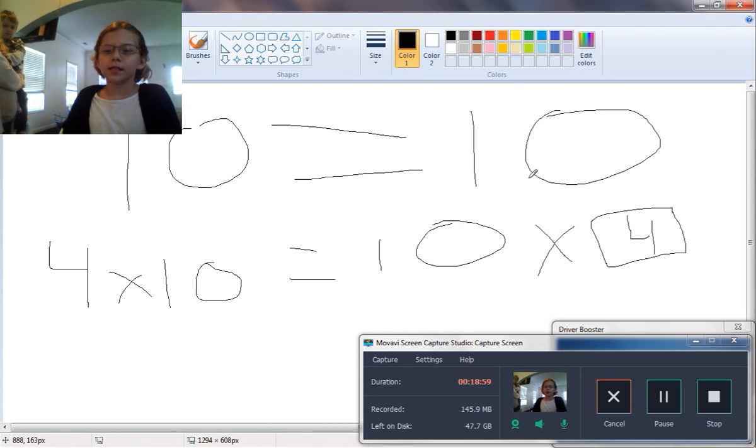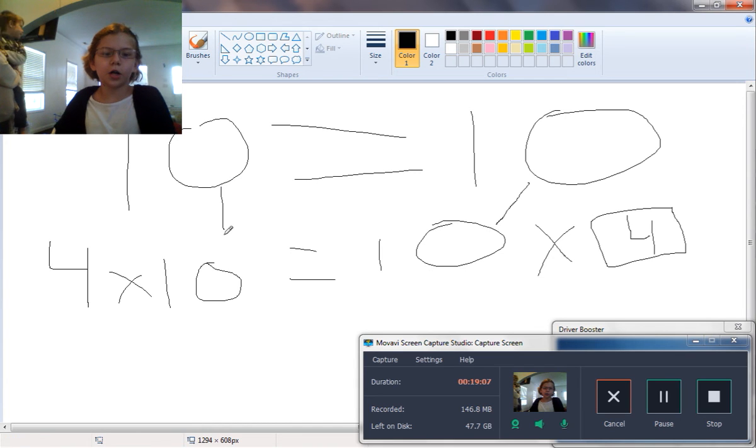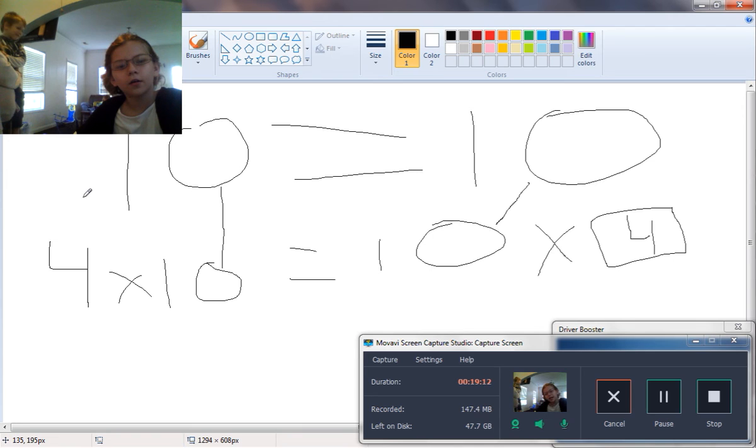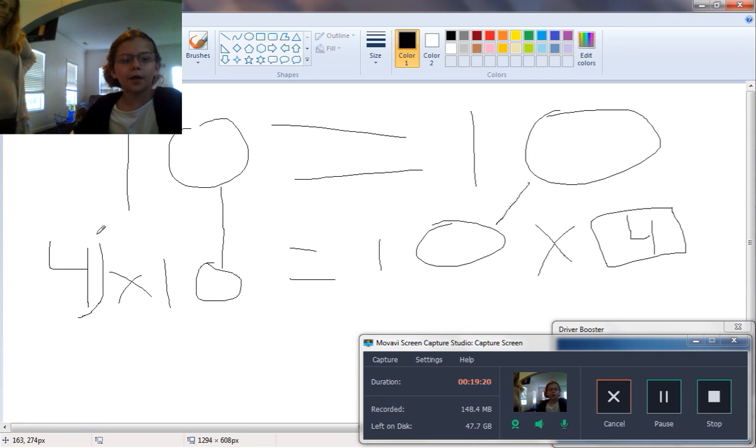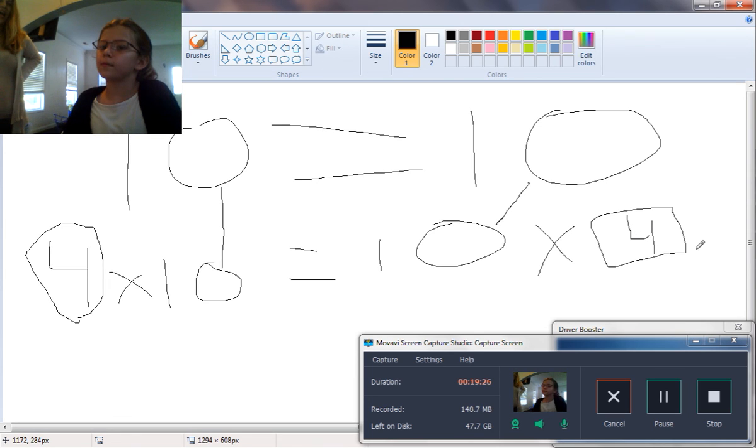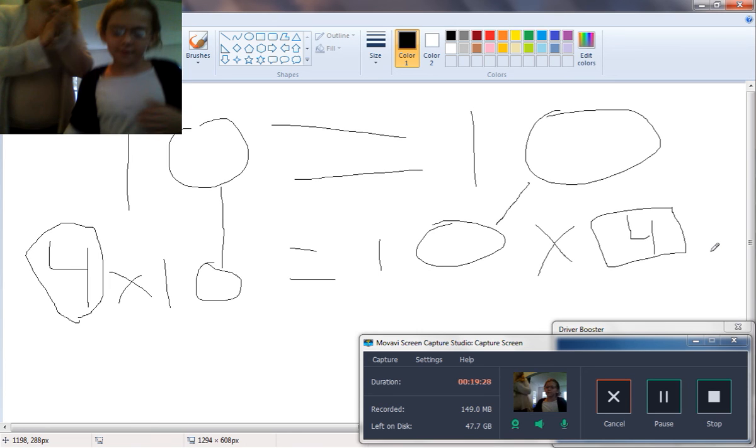This 10 goes to that 10, then that 10 goes to here, and when that was blank, there was only one 4, so I brought the 4 that's over here. Awesome. Good job.